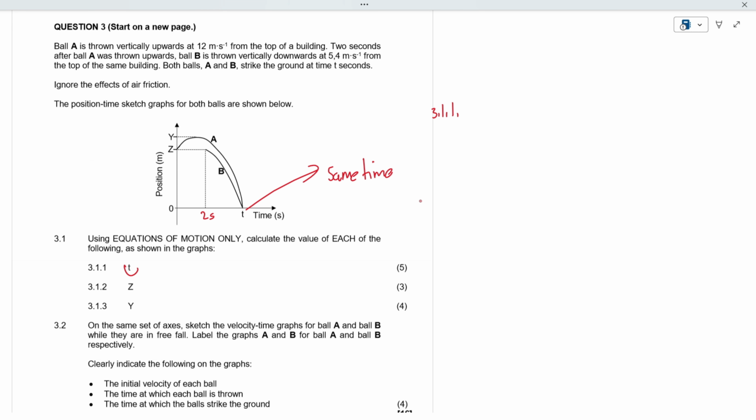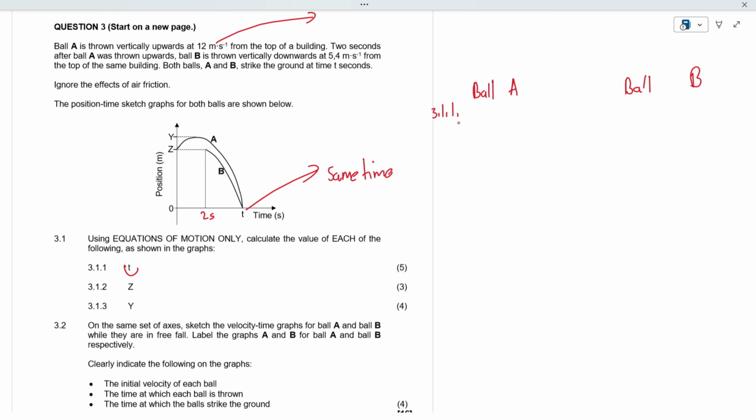We are told the initial velocity of the first ball. Let me write ball A. I want us to walk through and see how we'll solve this together. You must list the variables that you know about each ball.